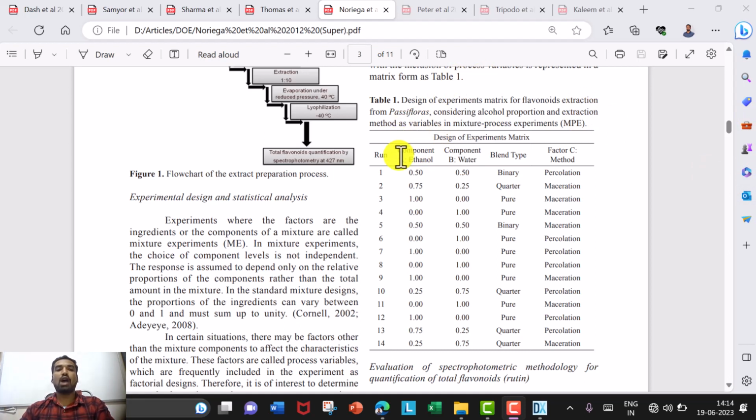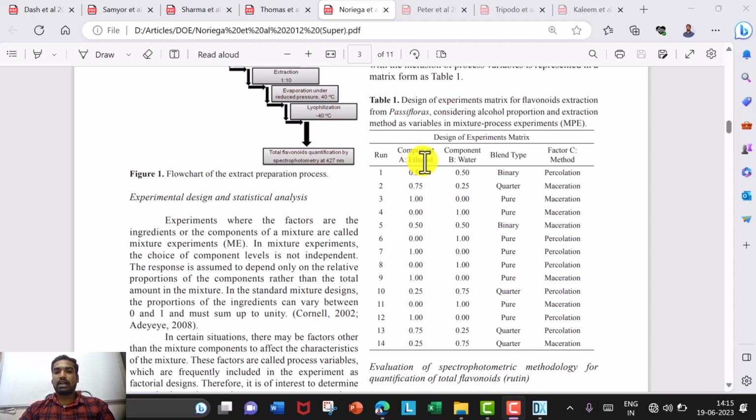That is, we have to put factors from this range to this range. The Design Expert software takes minus alpha, plus alpha, like that, minus 1 to plus 1. So the center point is 0.